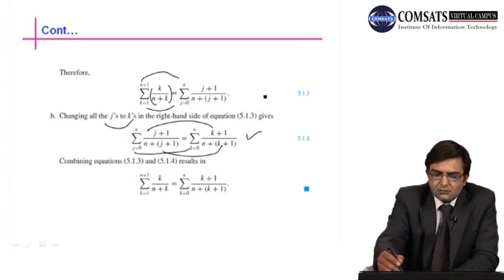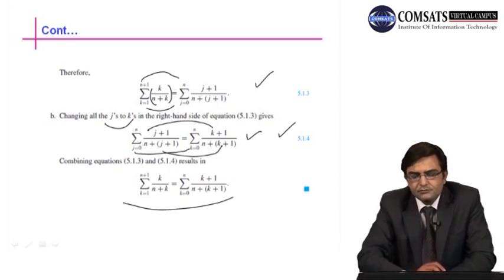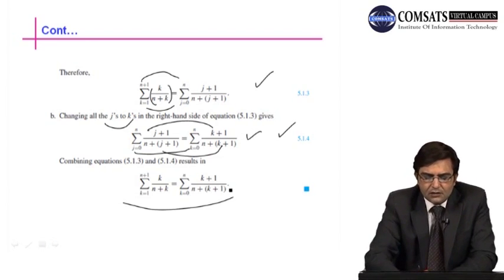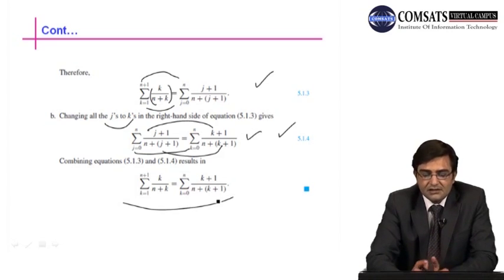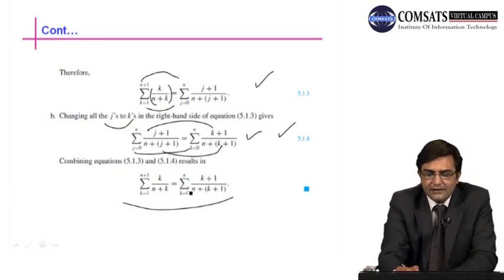Now combining this and this equation, we can write this. Now still we have, in both expressions, on left hand side and on right hand side, the same index variable, which is k, but its lower limit, upper limit here and lower limit, upper limit here are different.